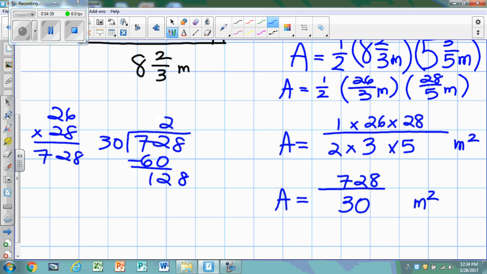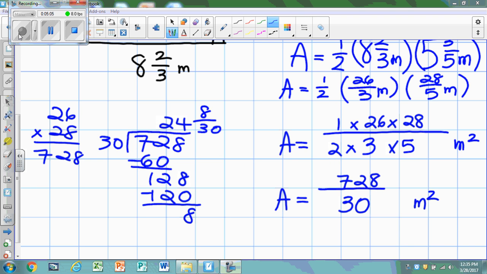How many times does 30 go into 128? 4 times. What is 4 times 30? 120. So we're subtracting 120 from 128, and we have 8 left over. So then we're going to use 8/30.